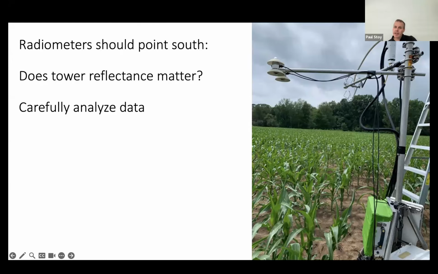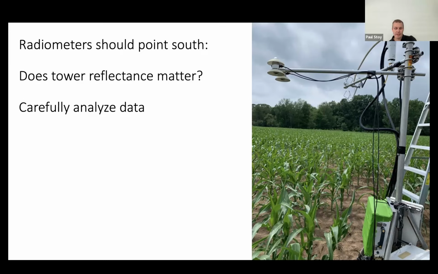But sometimes you're going to look carefully at the data and notice at the same time every day, the outgoing shortwave radiation is much, much higher than you think it should be. That could be due not to the surface albedo, but to the albedo and the reflectivity of the tower. So you want to always have a constructive and healthy critique of your own data, and say, every day at about 12:30 or so, there is just too much outgoing radiation glinting off the tower that I feel it's best to just flag those data or filter them.